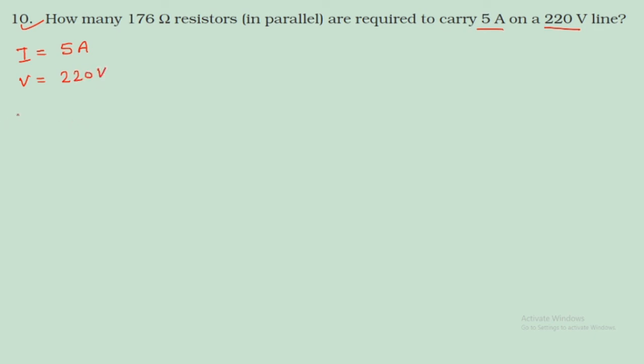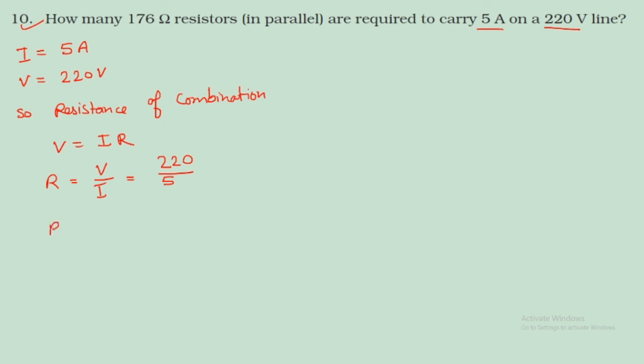So the resistance of the combination: V equals I into R, so R becomes V upon I. V is 220, I is 5, so we get R equals 44 ohm.